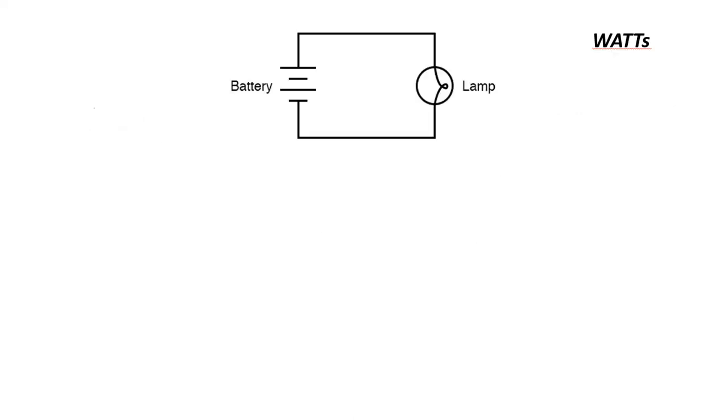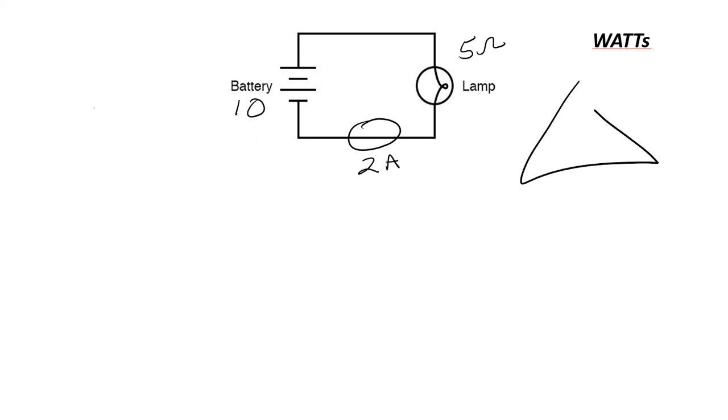So let's put that into play. So I'm looking for watts here, okay? So we know that our battery has 10 volts, okay? And we know that we have 2 amps here. And I also know that I have 5 ohms here.